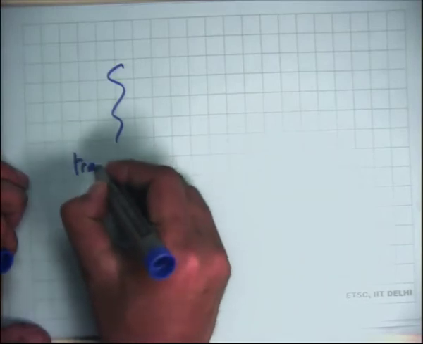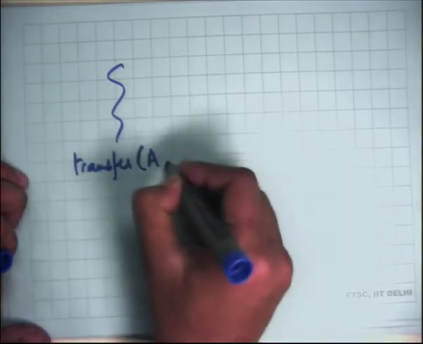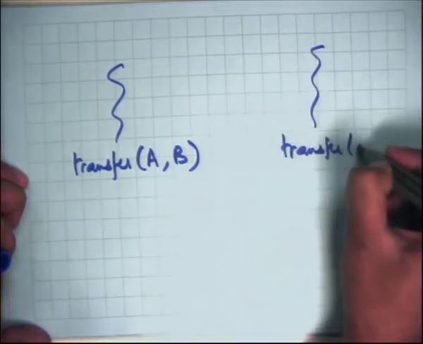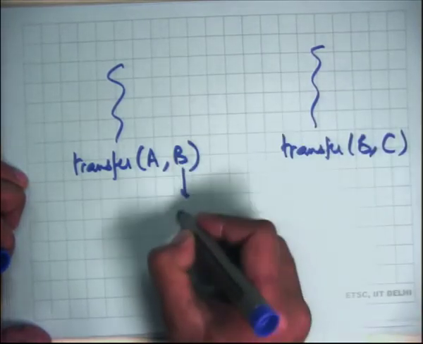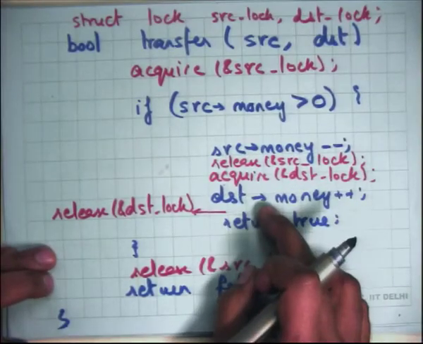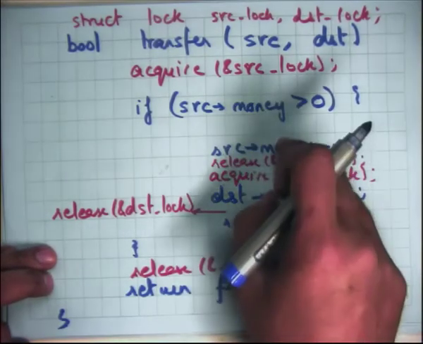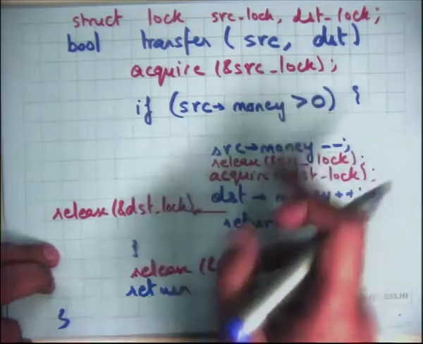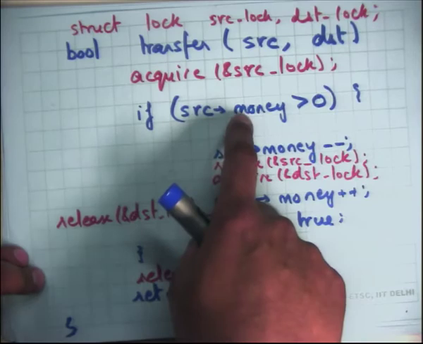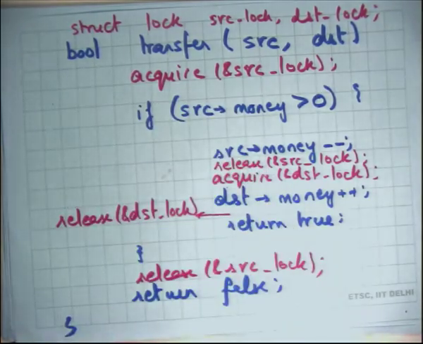So the problem is if one thread says transfer A to B, and another thread says transfer B to C, here B is the destination and here B is the source, right? And this code does not ensure mutual exclusion between this code and this code, if it is possible for these accounts to be the same.